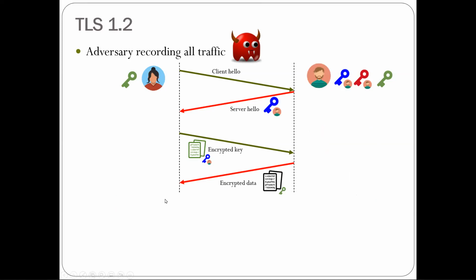That's all fine and good. The adversary has seen everything that has gone back and forth. The symmetric key after this communication is deleted on both Alice and Bob.